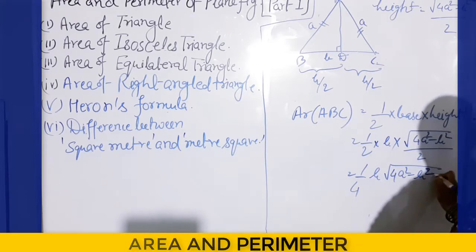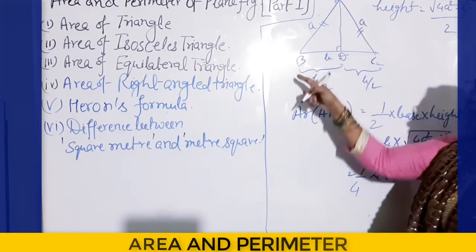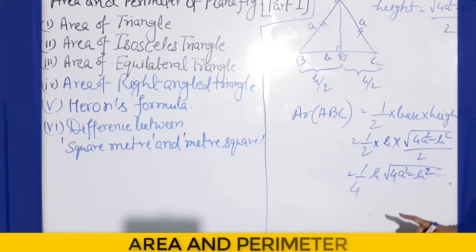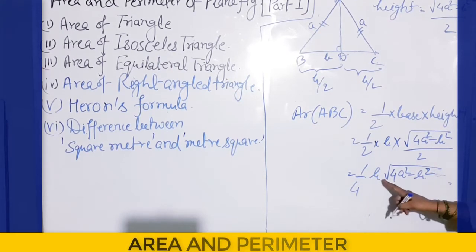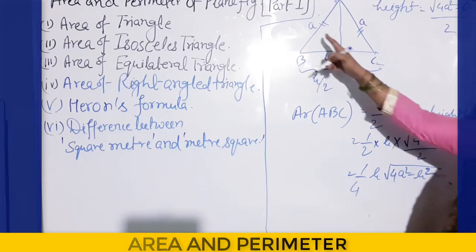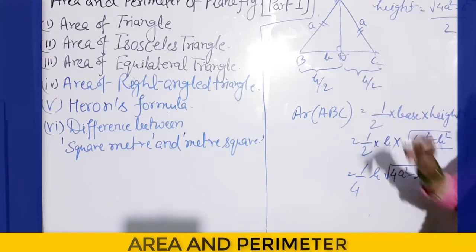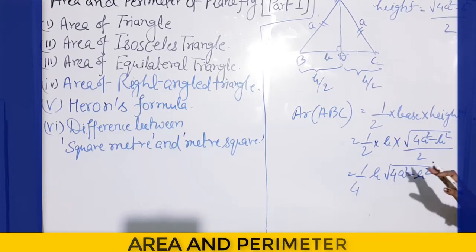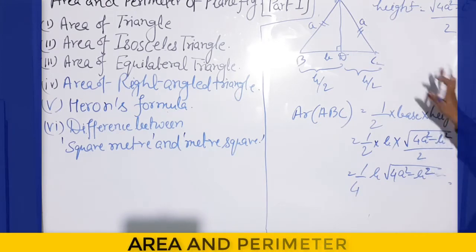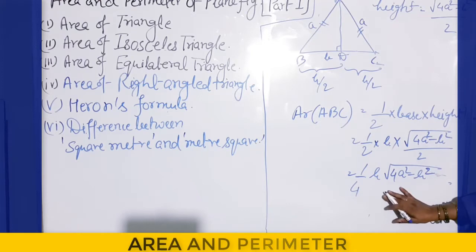So the area of any isosceles triangle is equal to half into b into root under 4a square minus b square, where a is the equal sides and b is the base of that isosceles triangle. So all of you remember the area of an isosceles triangle is equal to this formula.